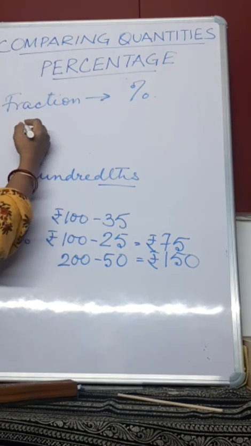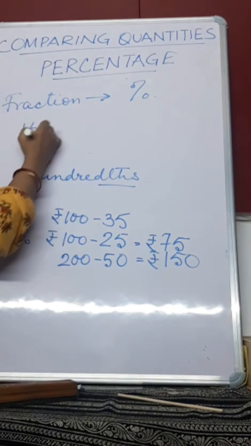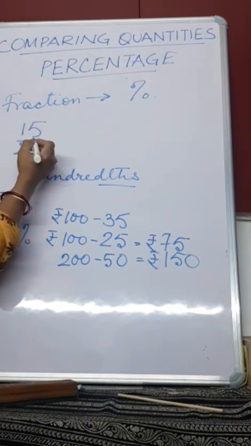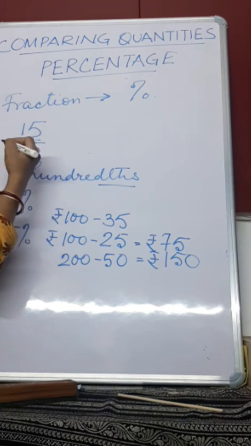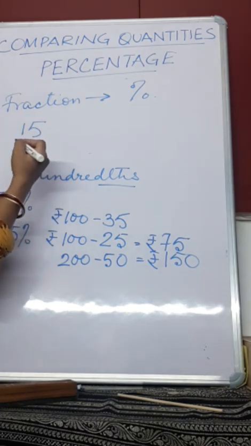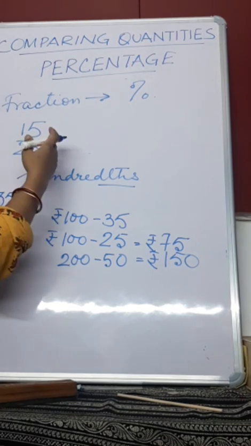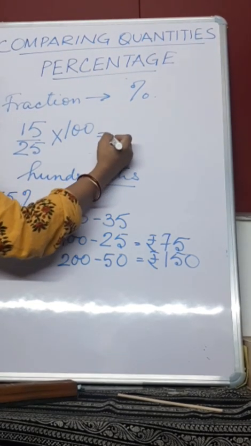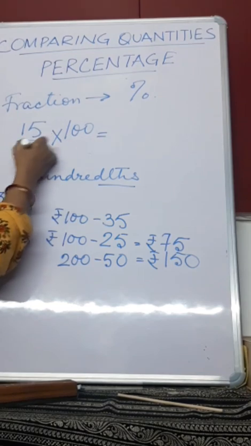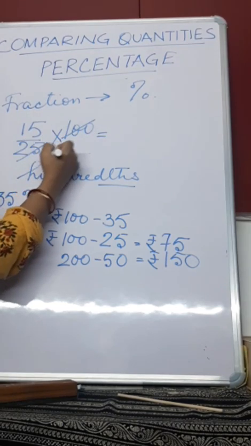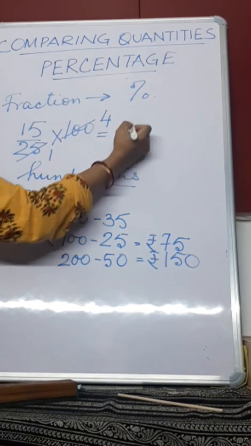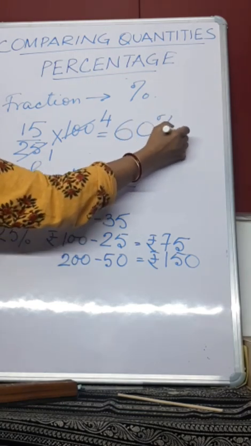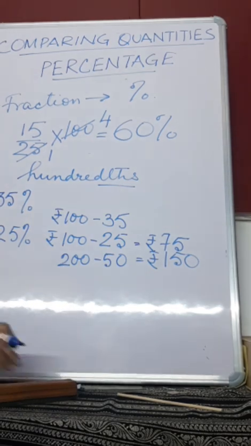Say I have got 15 marks out of 25 in my maths exam. So how much percent have I got? I will simply multiply it by 100. So cancellation, 25 ones are 25, 25 fours are 100. So I got 60% marks in maths.